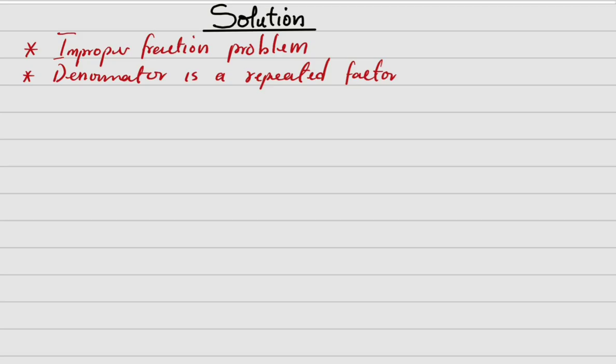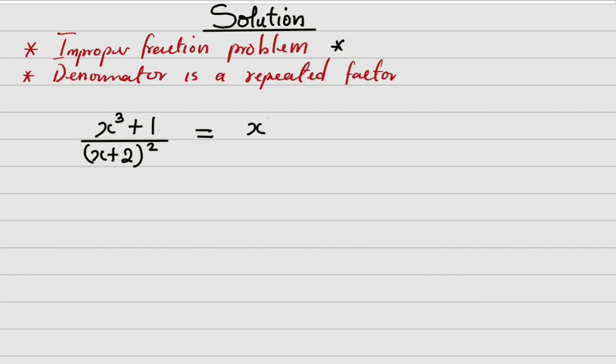To take care of the first problem, which is the improper fraction, remember, it is x cubed plus 1 all over x plus 2 all squared. What we need to do is to divide and simplify, so it will take us to polynomial division.